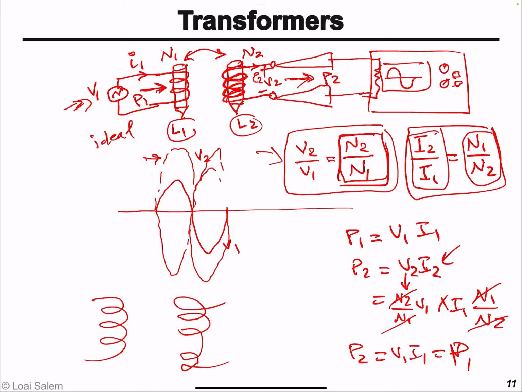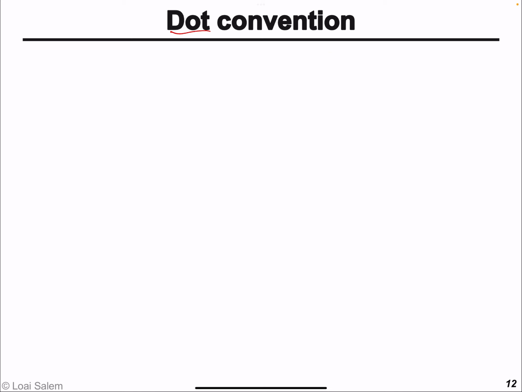So in order to accommodate how you wound the coil around the core, we use the dot convention. The dot convention says that if this is a symbol for the coupled inductors or the transformer, we use a dot to indicate how the coil is wound around the core.